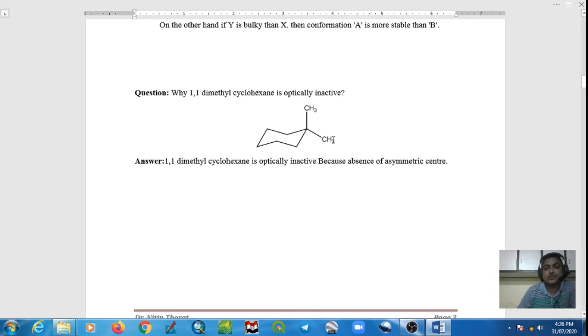If these two groups are different, then the reason is presence of a plane of symmetry passing through C1, C4 carbon, but if both substituents are the same, then the reason is absence of asymmetric center, chiral center. So remember, 1,1-dimethyl cyclohexane is optically inactive because of absence of asymmetric center.